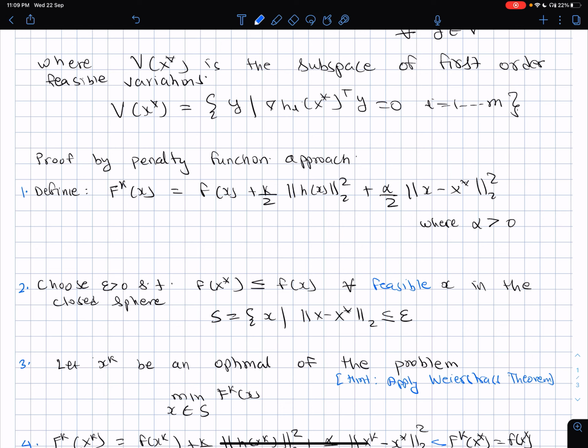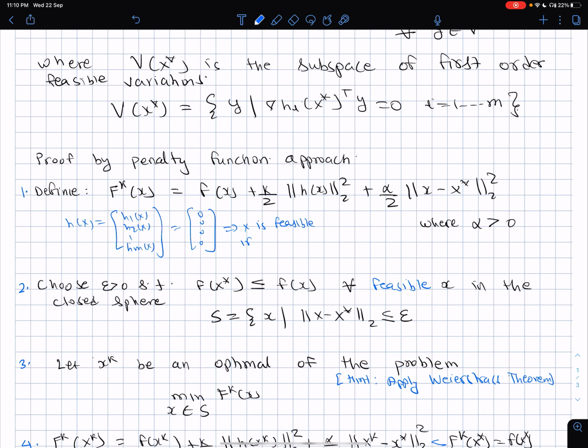So what is h of x here? h of x is a vector h1 of x, h2 of x, and so on up to hm of x. Suppose all of these are evaluated at some point x, and suppose all of them are 0. Then what would it mean? It would imply x is feasible.